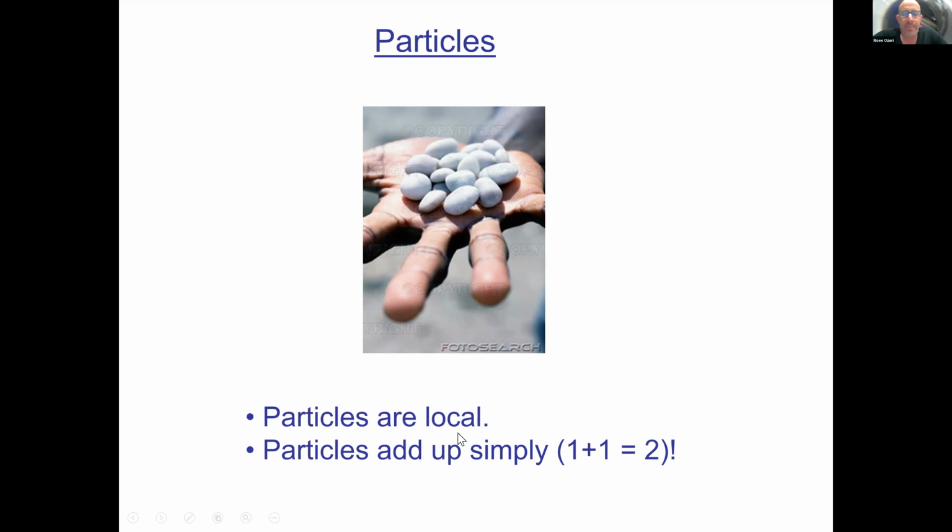Particles have the trait that we think of them as local. Particles can either be in one location or another location. Particles also add up in a very simple way. If I take one particle and add another particle to it, I get two particles. If I add another particle, I get three particles. Particles are very simple objects.